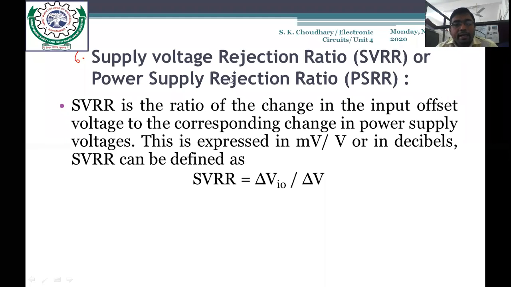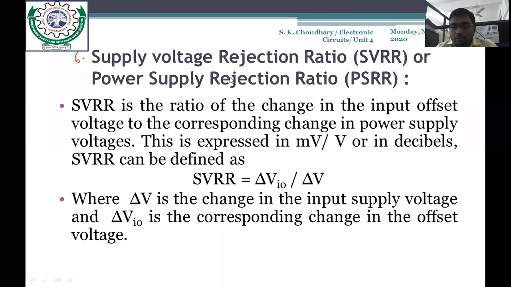So SVRR is defined as delta VIO upon delta V, where delta V is the change in the input supply voltage and delta VIO is the corresponding change in the offset voltage.